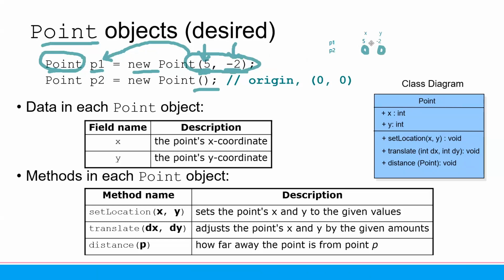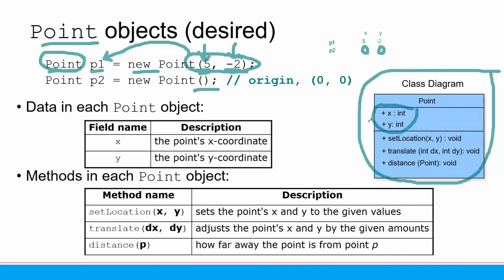Now, you can see this class diagram. The explanation is that the two are the data. The X represents the X coordinate of the point, and the Y represents the Y coordinate of the point.